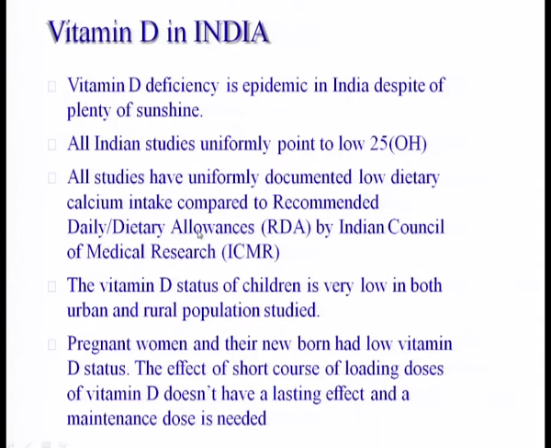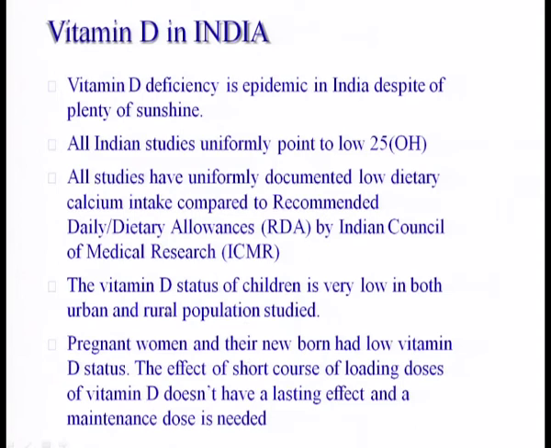ICMR has strictly given an RDA recommendation for vitamin D, especially for the target population being children in the rural and urban populations, where vitamin D levels have been constantly monitored, and you also consider the amount of vitamin D intake being doubled during gestation, during pregnancy.